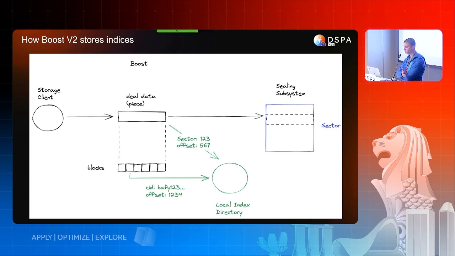The raw data gets passed on to the sealing subsystem, which generally is the Lotus miner. And that's how data gets onboarded. Later on, if you're trying to retrieve this data and you request a CID, even if that's an intermediate CID within the 32 gig sector, the storage provider can find it within the index and serve it back for retrieval.